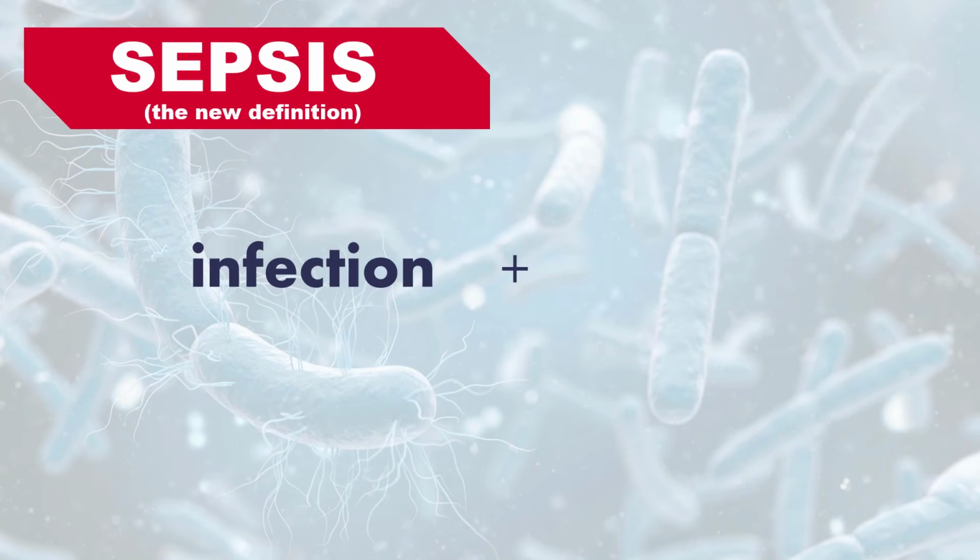Okay, so now we know what it is, but still, how do you diagnose it in a clinical setting? Which criteria do you use to actually diagnose sepsis? Well, here is where we come to the major problem. First of all, in 2016, we still didn't get clear instructions on how to actually diagnose or even suspect an infection.